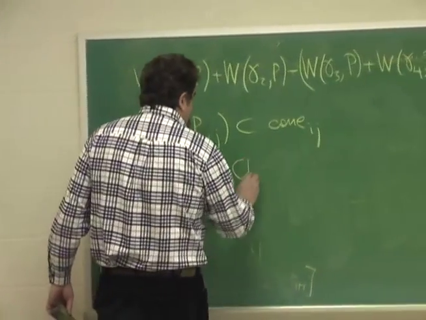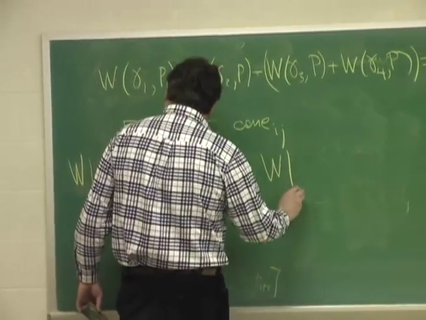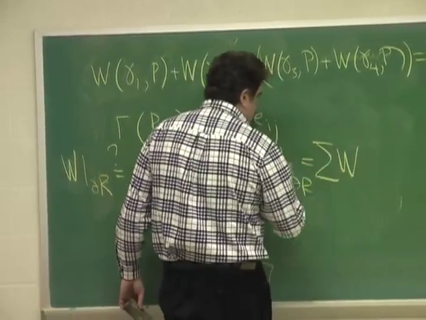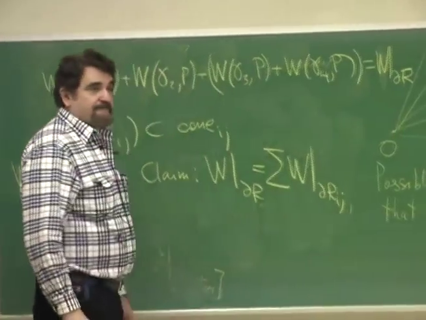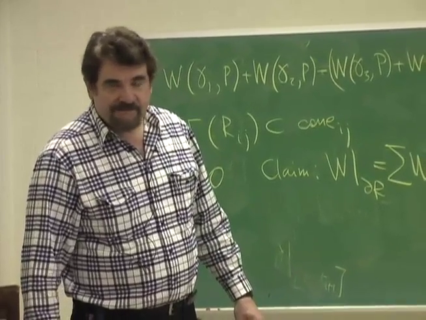So, claim: W over dr is the sum, not omega, W, of drij. I will prove this claim in a moment.